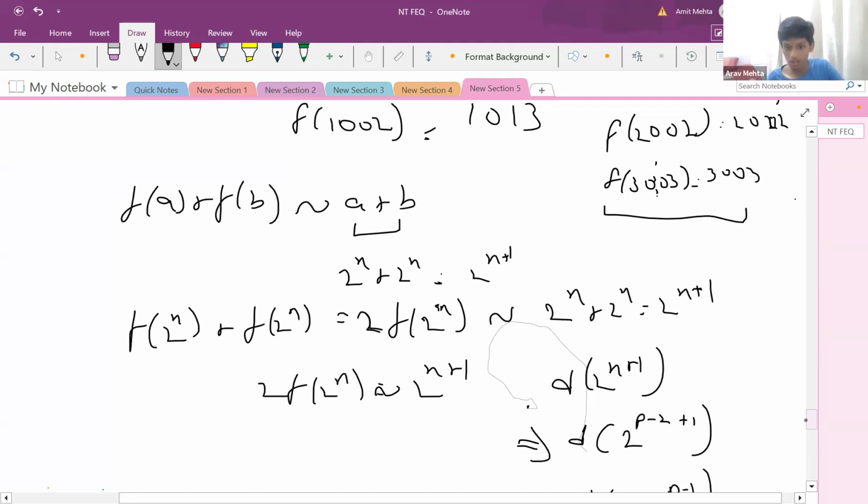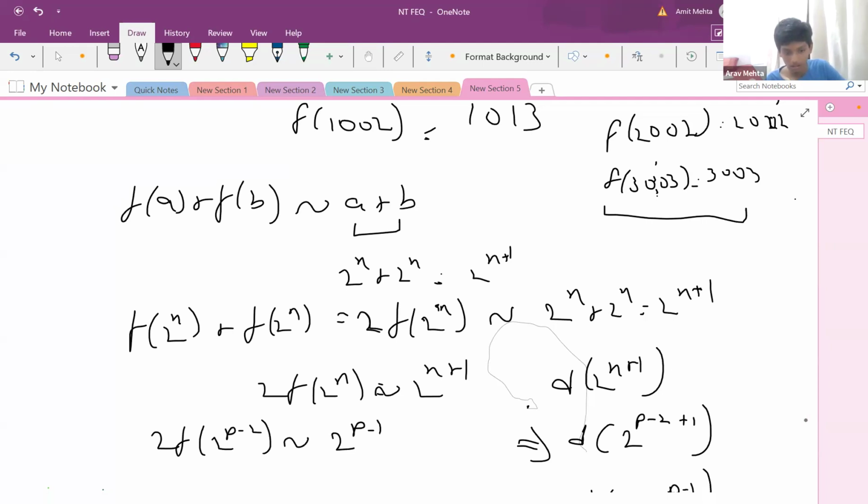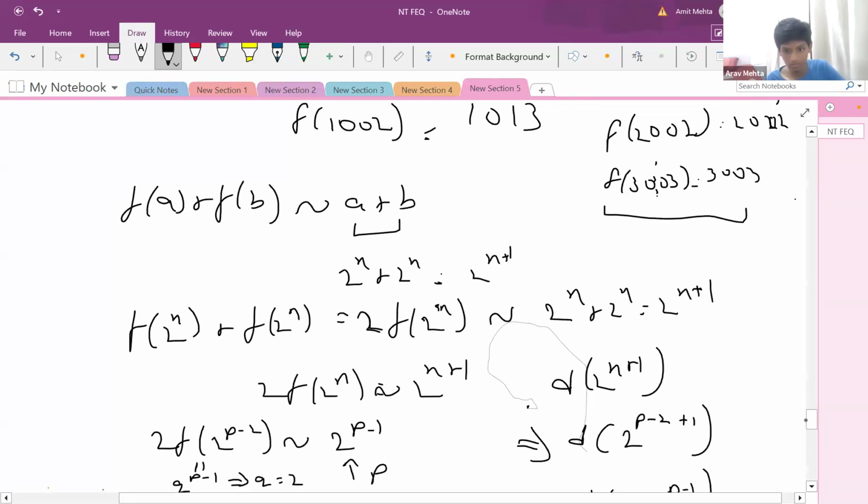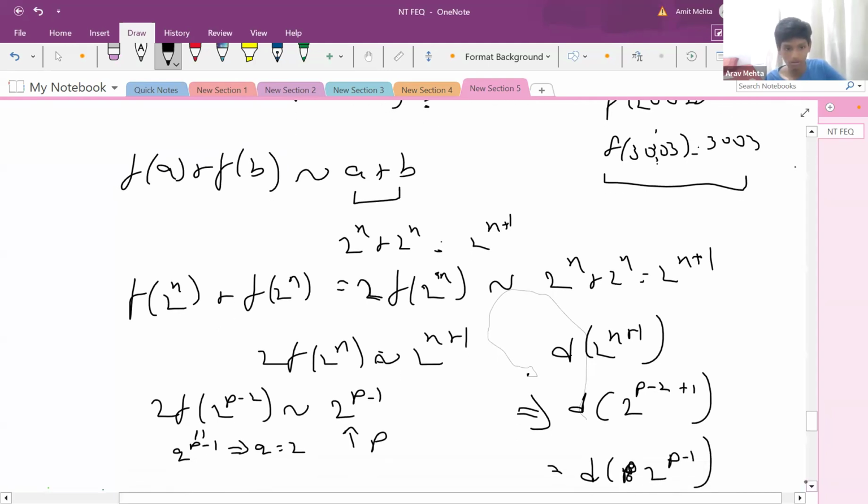If n happens to be p minus 2, we have 2 times f of 2 raised to p minus 2 having the same number of prime factors as 2 raised to p minus 1. The number of prime factors of this is nothing but p, so this part has to be some q raised to p minus 1. But since this part is even, q has to be 2. Hence, f of 2 raised to p minus 2 is 2 raised to p minus 1 divided by 2, which is 2 raised to p minus 2.